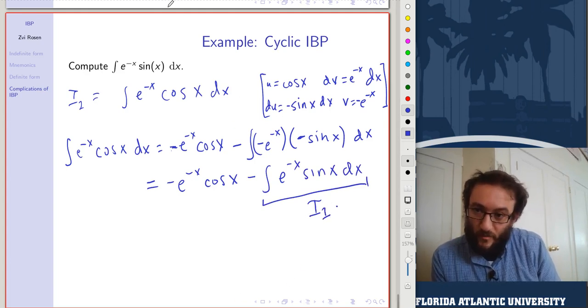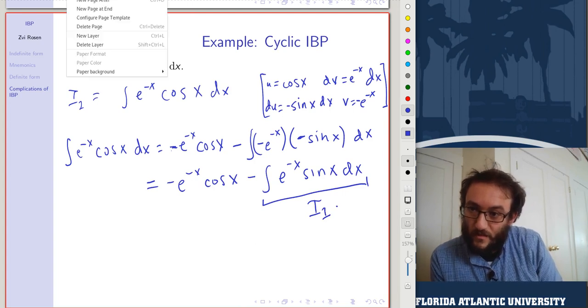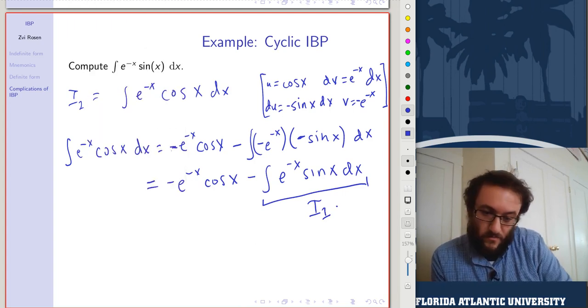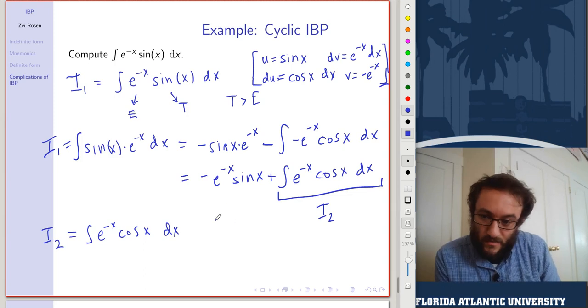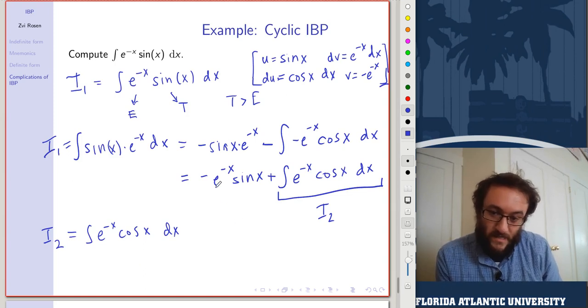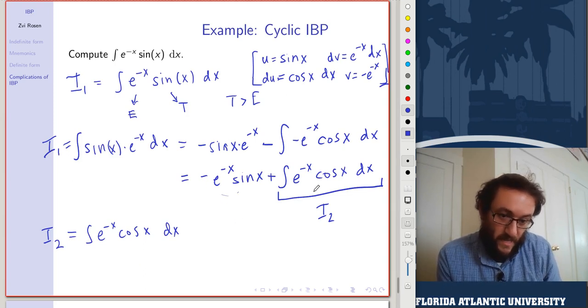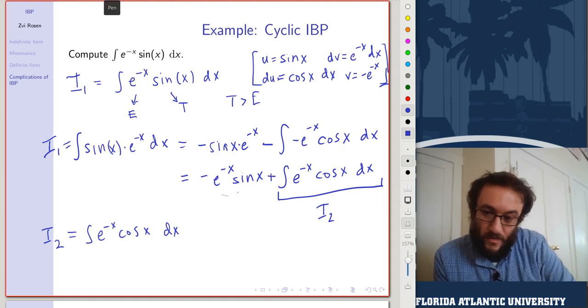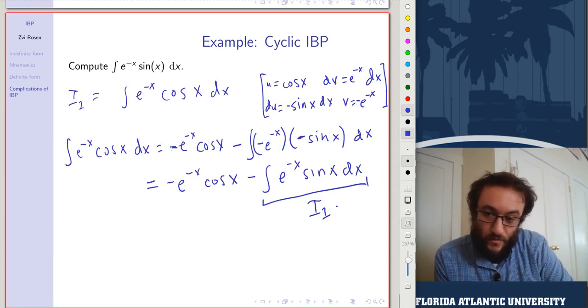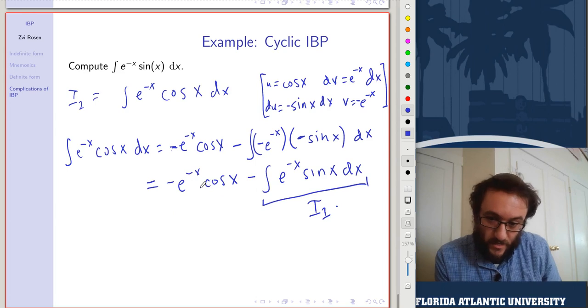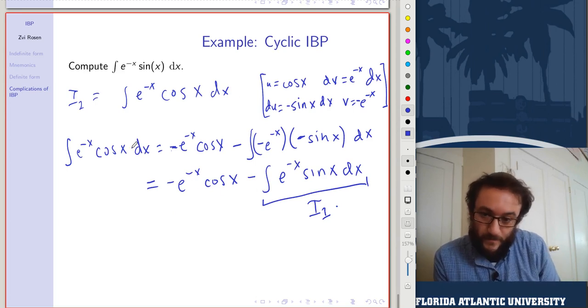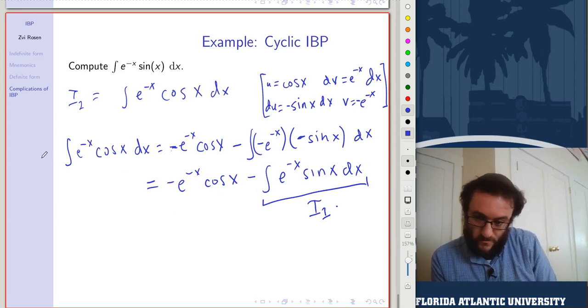So looking above, we had, on the one hand, I1 is equal to this plus I2, and I2 is equal to this function minus I1.